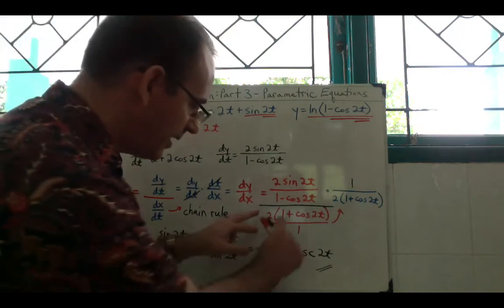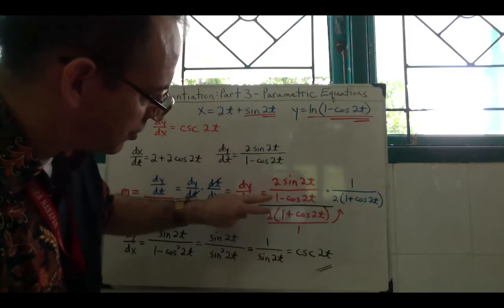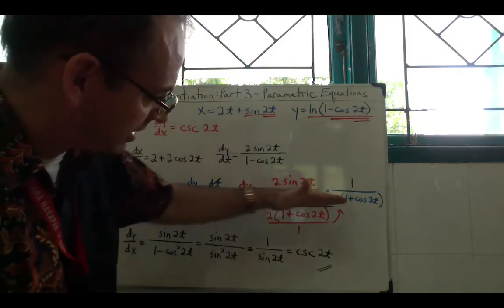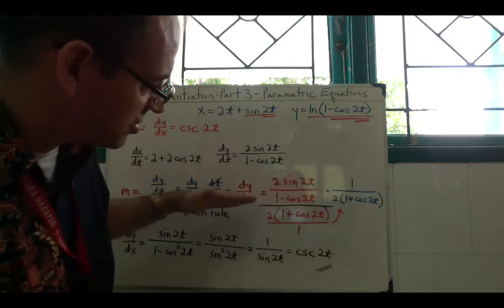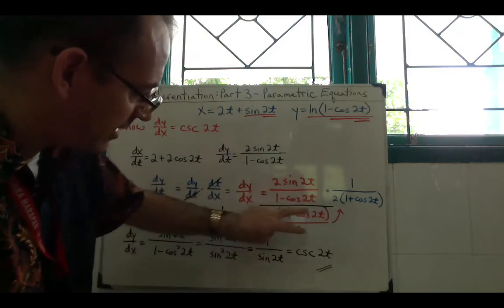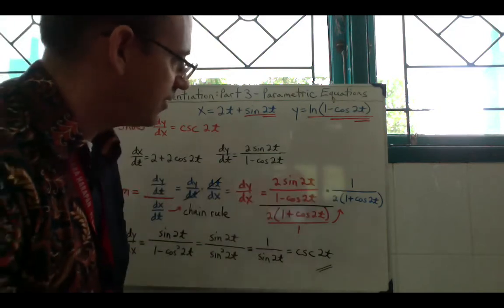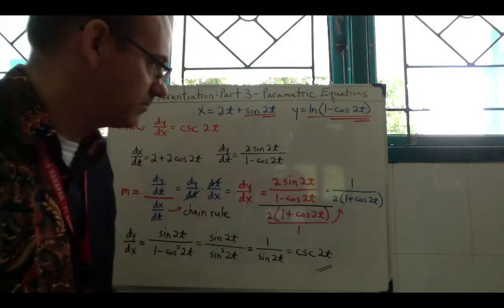So what we're inverting is this part, not these two here. That's why you need to distinguish your division bars carefully. This is not the denominator, it's this that's the denominator. This is what's getting flipped over. This is all the numerator.